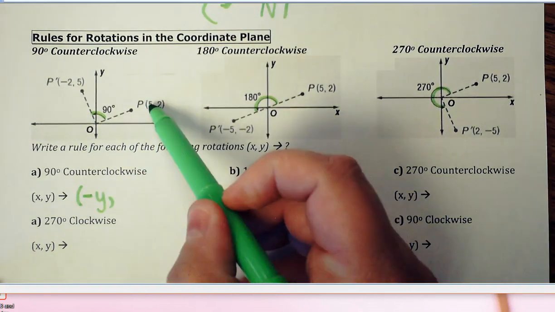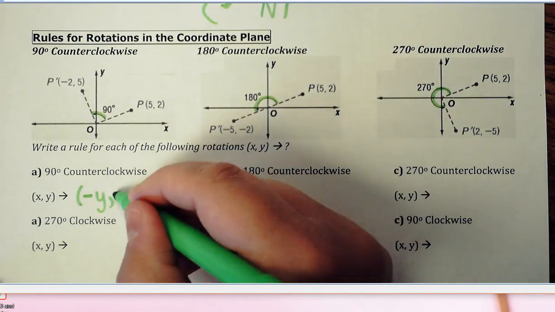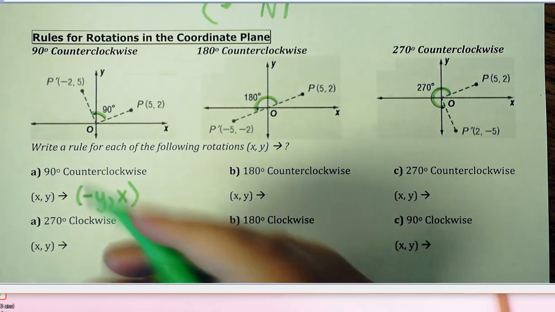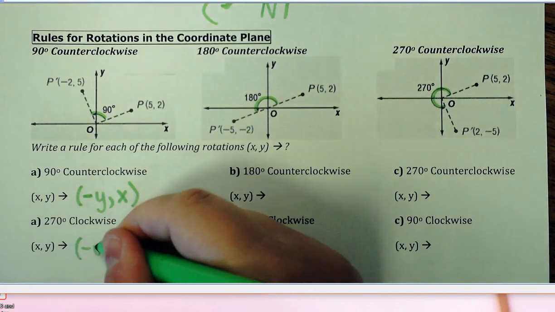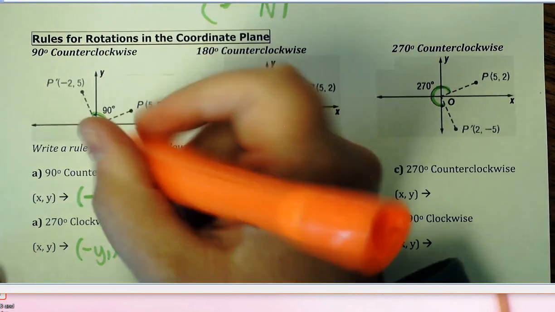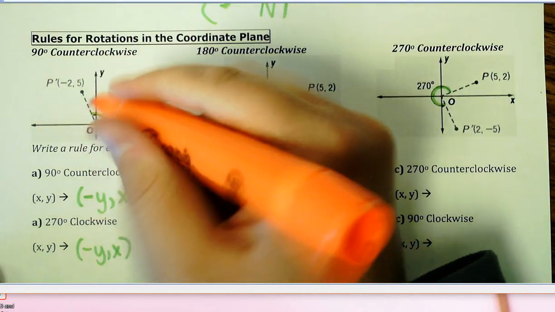The x-coordinate becomes the y-coordinate, and so this is going to be negative y comma x. Okay, so the other that's going to follow this exact same rule, this negative y, x, is if I go 270 counterclockwise. So, or I'm sorry, clockwise. This is counterclockwise in the diagram. So if I go clockwise, here, this is 90.